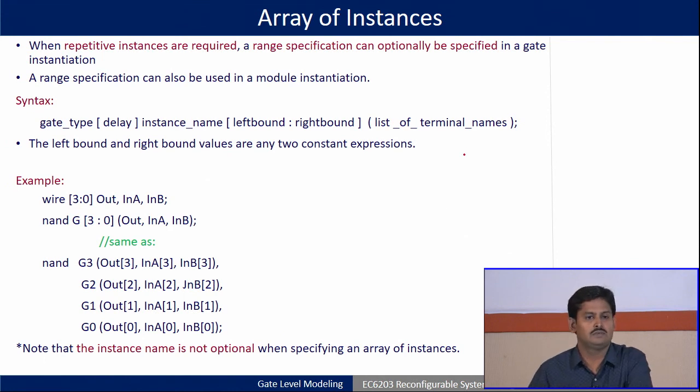So, to ease things out, if you require repetitive instances to be called many times, a range specification can optionally be specified in gate instantiation. Okay. We will see through an example. It can also be done in module instantiation, because in module instantiation we also call the same module many times.